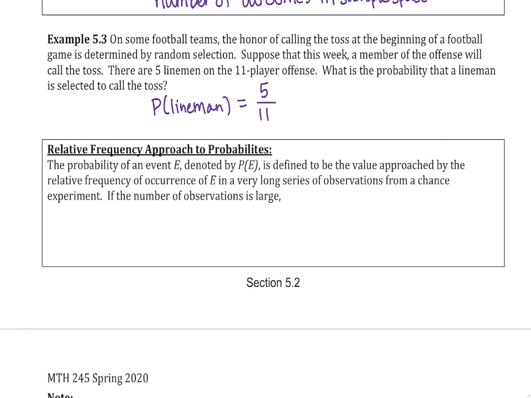And based on those observations, we're going to be able to determine the probability. So the probability from a relative frequency approach is you take the number of times E actually did occur out of your observations, and you divide by the total number of observations that there were.